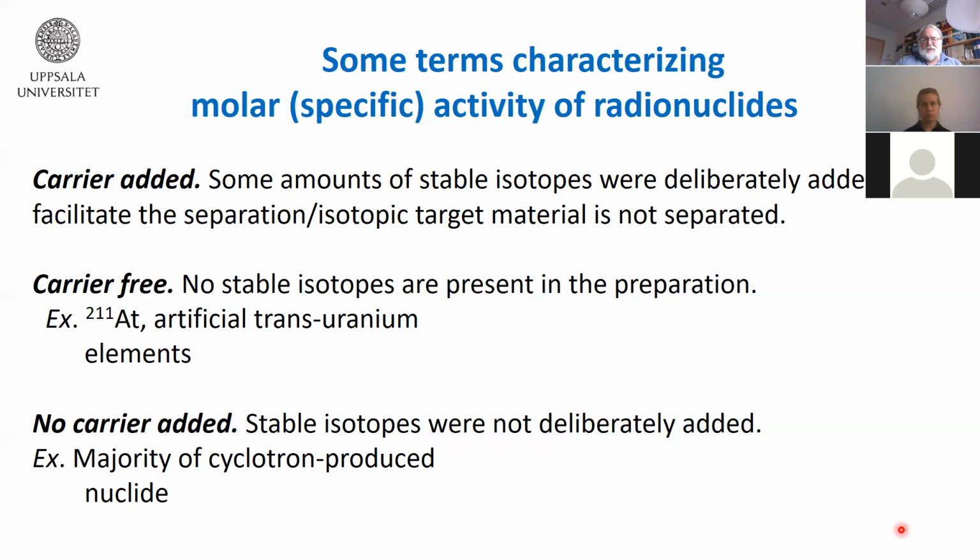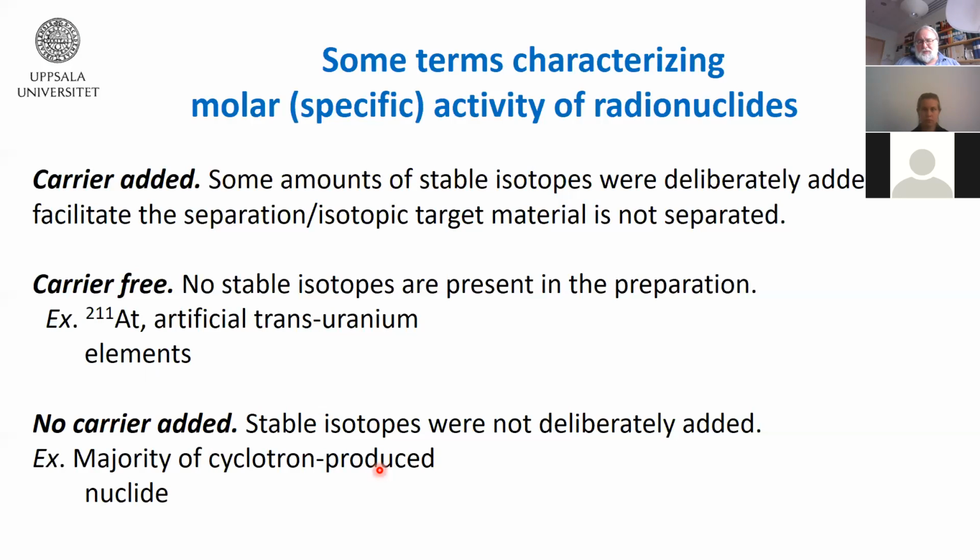It typically results in a change of charge of the nucleus, so the new radionuclide belongs to another element, and chemical separation of different elements is not really a big deal. So you could always purify the radionuclide from the target material. So there is no carrier added.